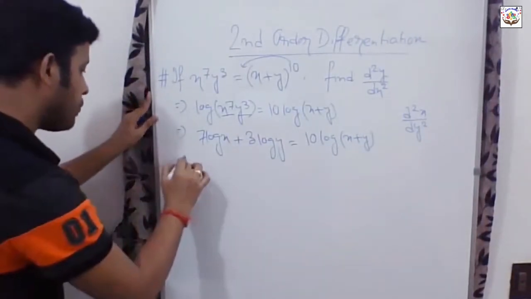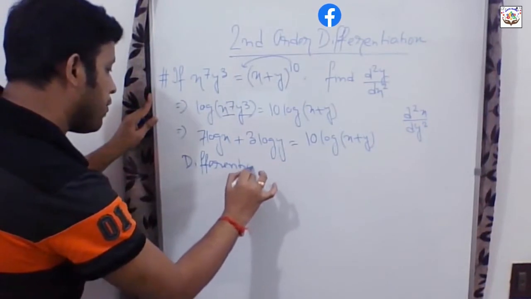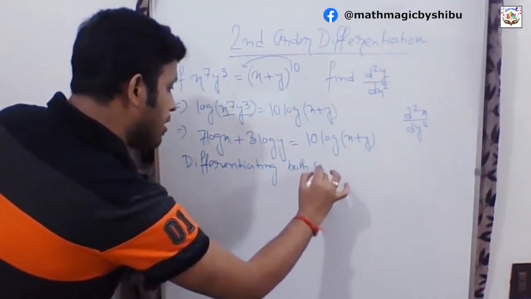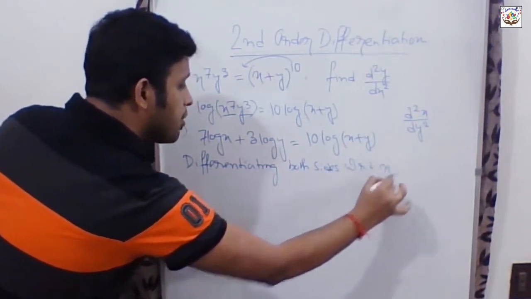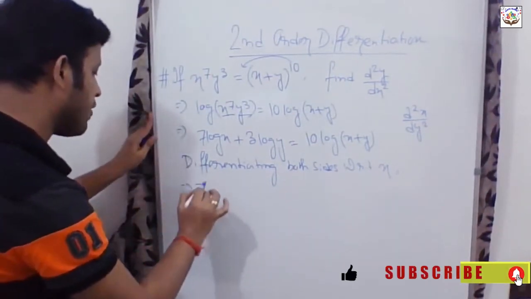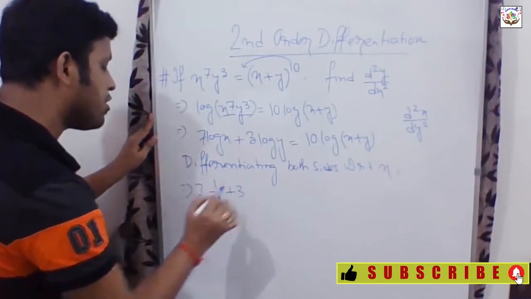Okay, now we are differentiating both sides with respect to x. So for 7 log x, 7 is constant, and for log x the differentiation is 1 by x. 3 is constant.